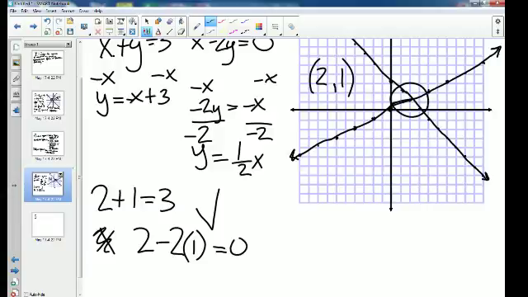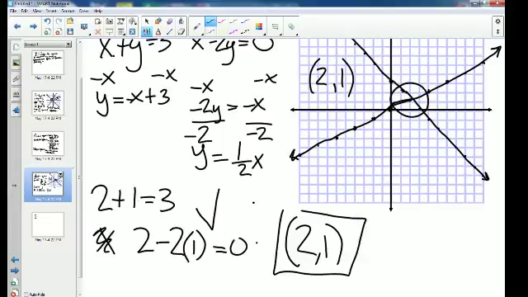So they both work, which means the correct answer is (2, 1), because when you plugged it into these two equations, you came out with the right answer. The answer to this system is (2, 1), and that is the last example I have. So that's it.